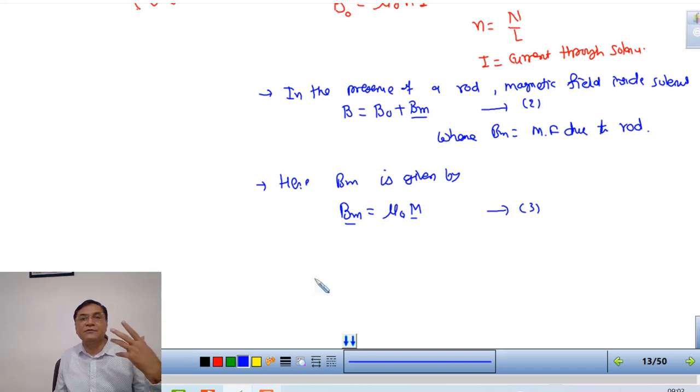Now we are going to define one more physical quantity which is more convenient. There are reasons behind why it is more convenient, but you will have to accept it. In this theory, there is something you have to accept. Okay, we cannot derive everything.